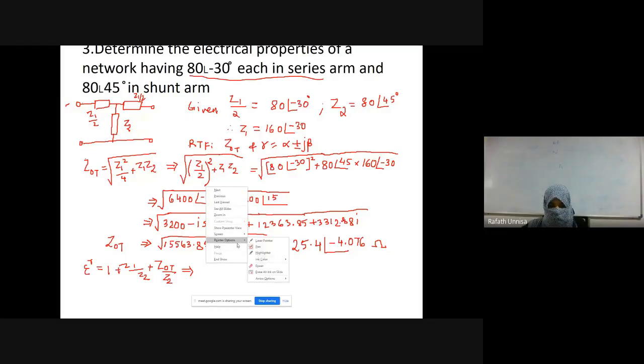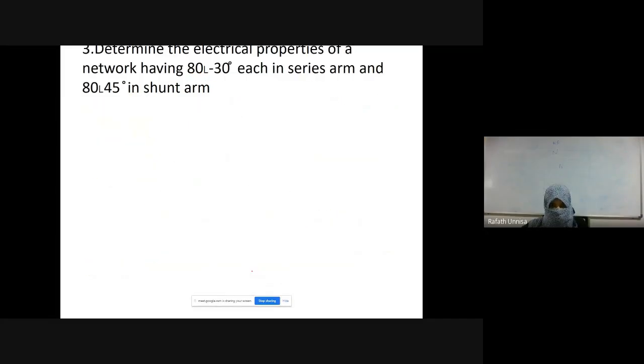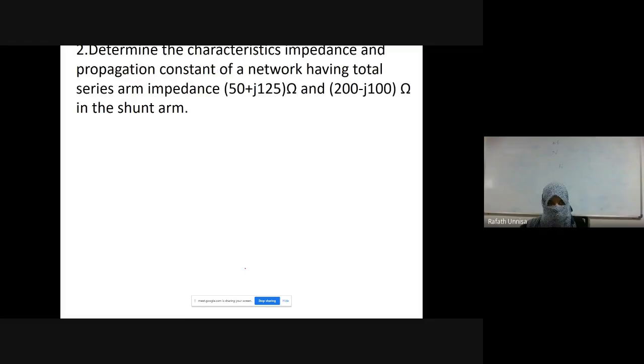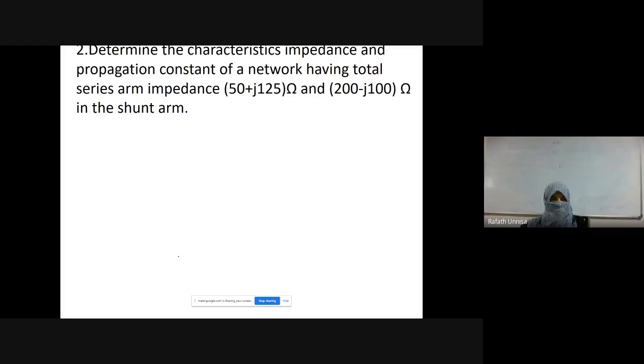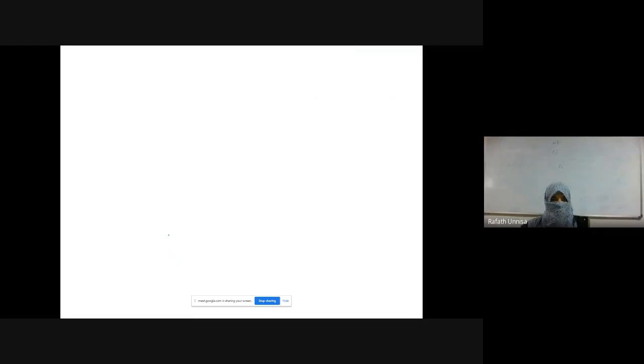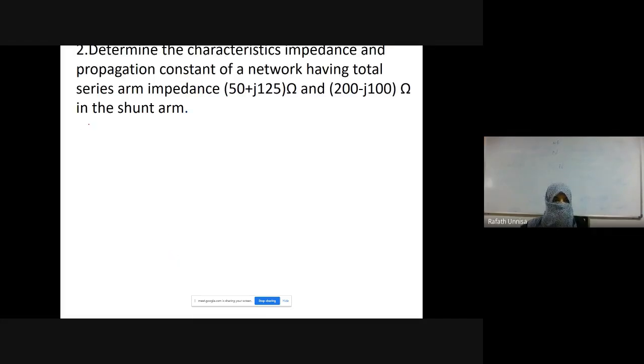Okay. So now we have already determined the ZOT expression. So now let us find the e power gamma expression.